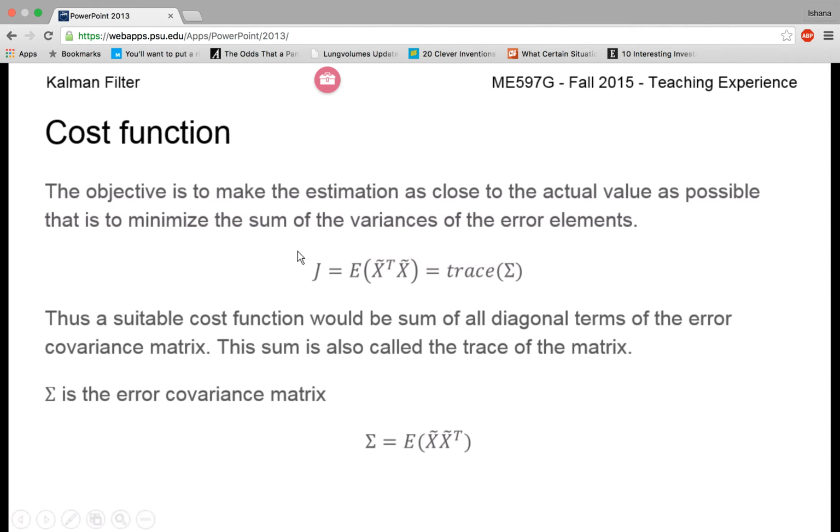And this is written here in a concise way in terms of the expectation of x tilde transpose into x tilde. This is also the trace of the covariance matrix. Now, a trace basically is the sum of all diagonal elements, and the error covariance matrix is defined as the expectation of the error into error transpose.